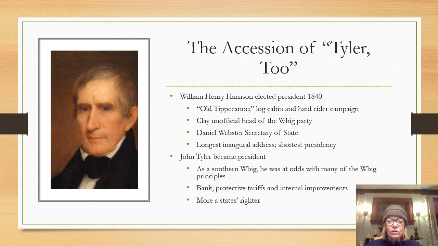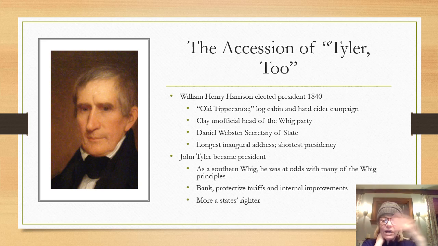Daniel Webster is the Secretary of State. And so they come into office, and as you know, William Henry Harrison gives this very long inaugural address. It's cold outside. He's older. He's exposed to the elements for a long time, and he stays up too long. But many historians believe that he caught pneumonia and then he dies. And then this guy John Tyler becomes the next president.